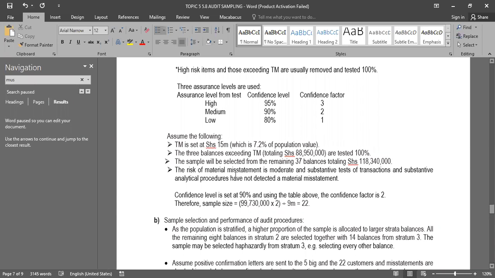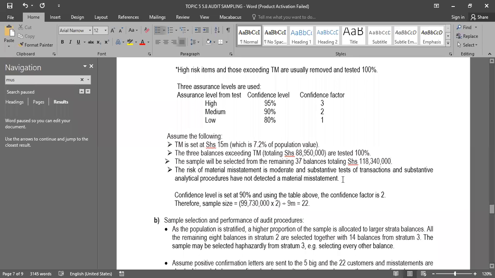Okay, 118. So they're saying the risk of material misstatement is moderate. So moderate ideally is supposed to use 90%. And substantive tests of transactions and substantive analytical procedures have not detected any material misstatement.